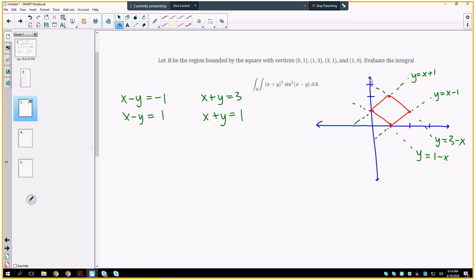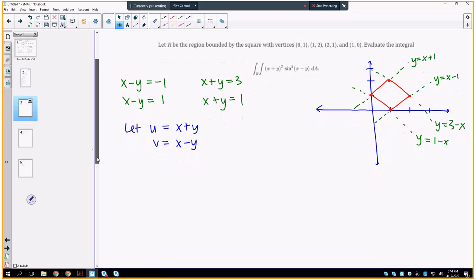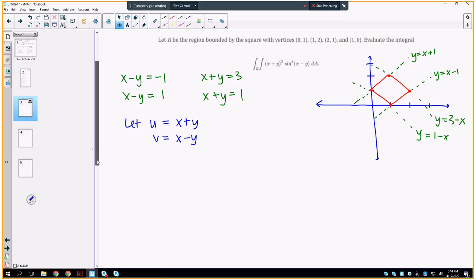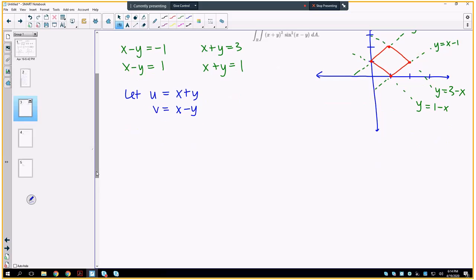So it seems like we can choose to let u and v equal x plus y and x minus y respectively. And then we have a transformation. As we did last time, we'll need to solve these for x and y.